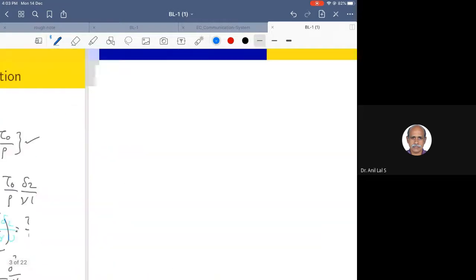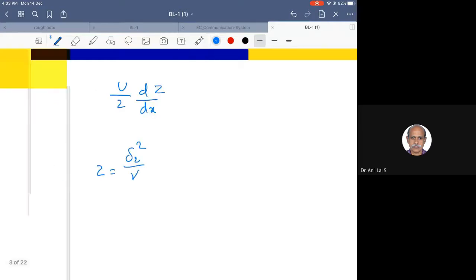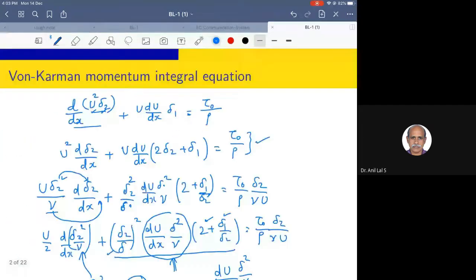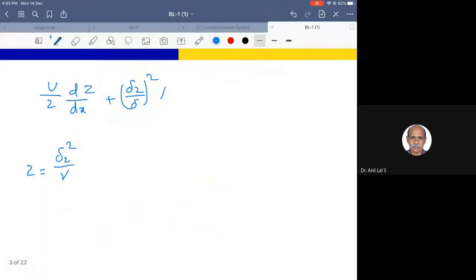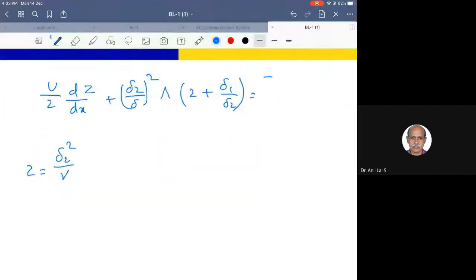So we have U by 2 d/dx of z, where z is delta 2 squared by nu, plus delta 2 by delta the whole squared, then there is lambda, and then 2 plus delta 1 by delta 2, is equal to tau naught delta 2 by U into nu.